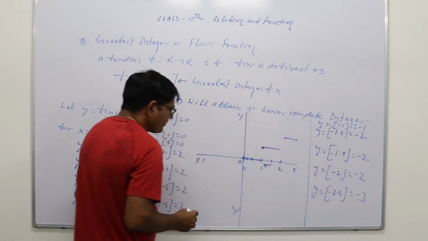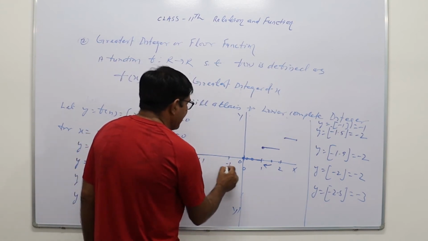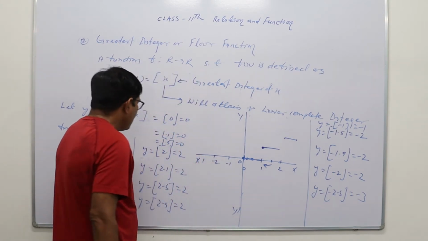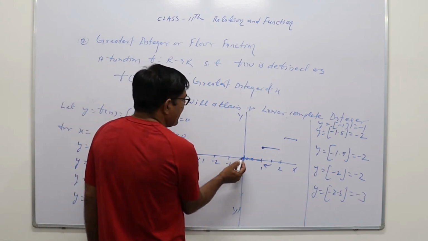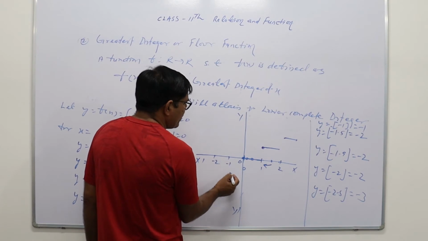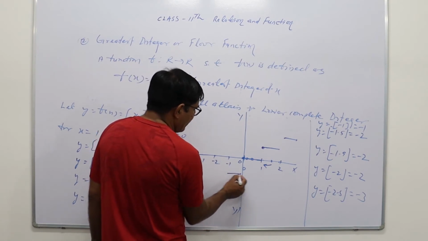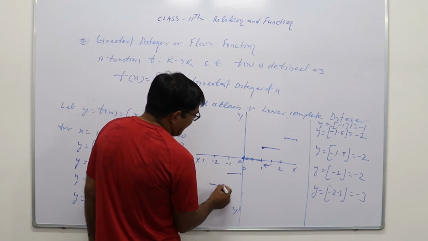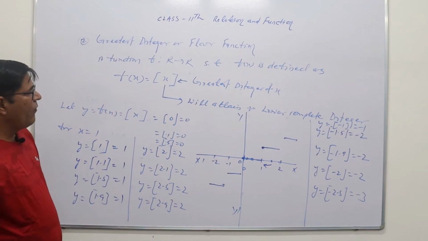In the negative direction also, let us suppose this is minus 1, minus 2. Whatever the value, if we take minus 0.1, then it is also minus 1. So this graph will be in this way. This graph is also known as the step function or floor function.